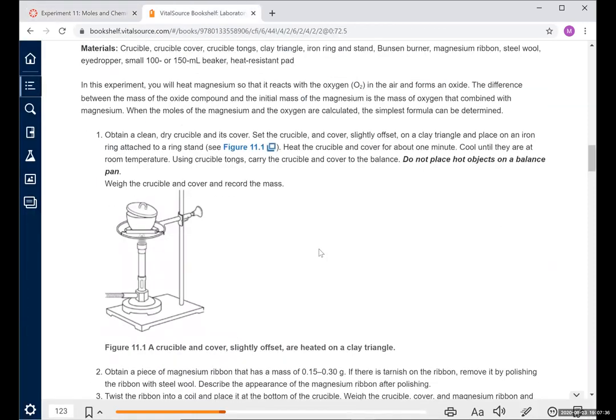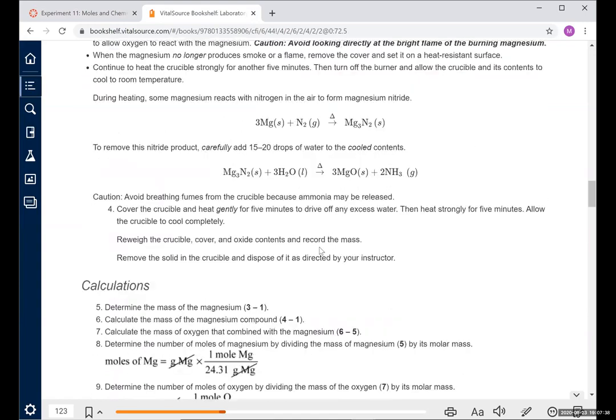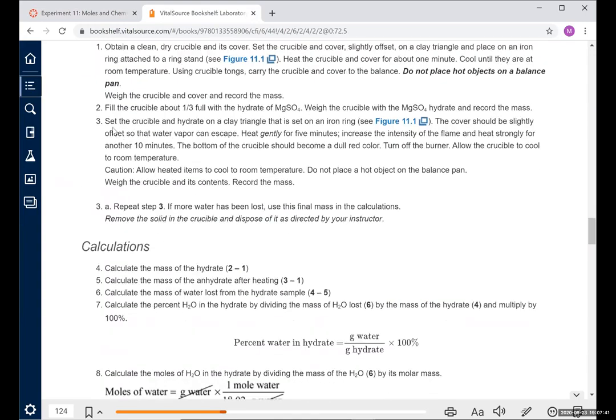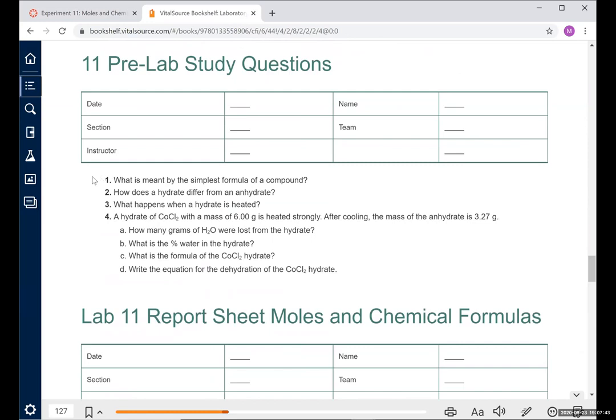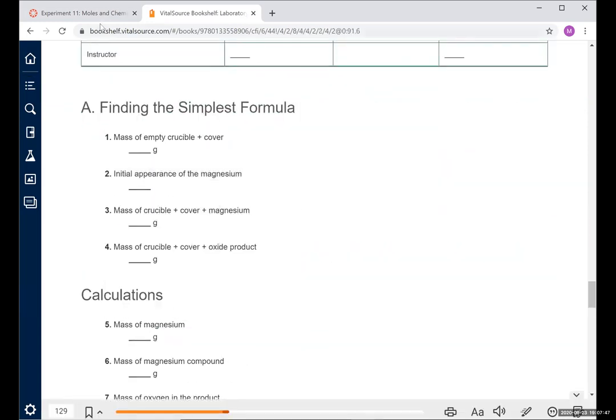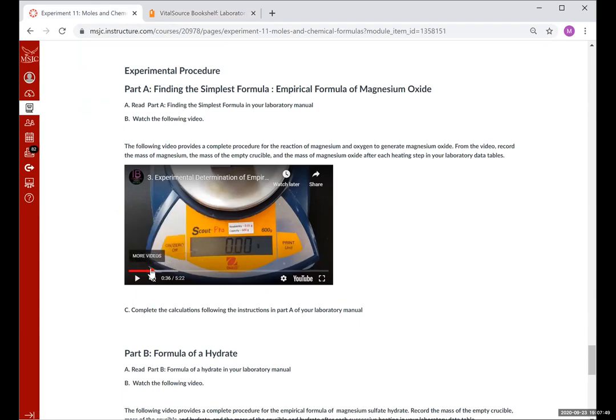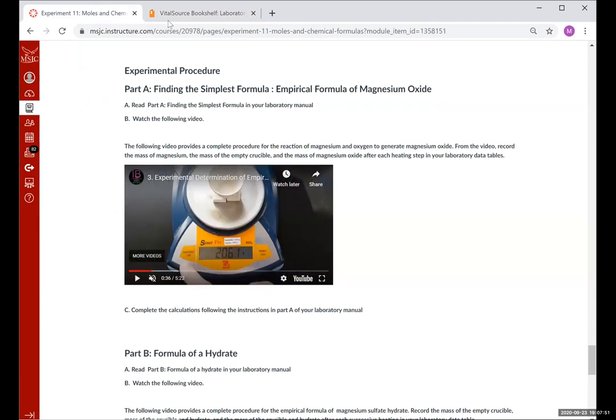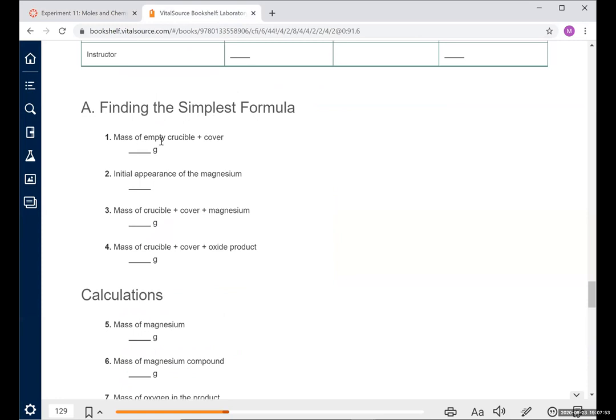You're going to take that data for each step, and you're going to fill in the given spots in the data table. Okay? So like in this case, initially they're measuring a crucible. So you're going to record the mass of the crucible in this section.